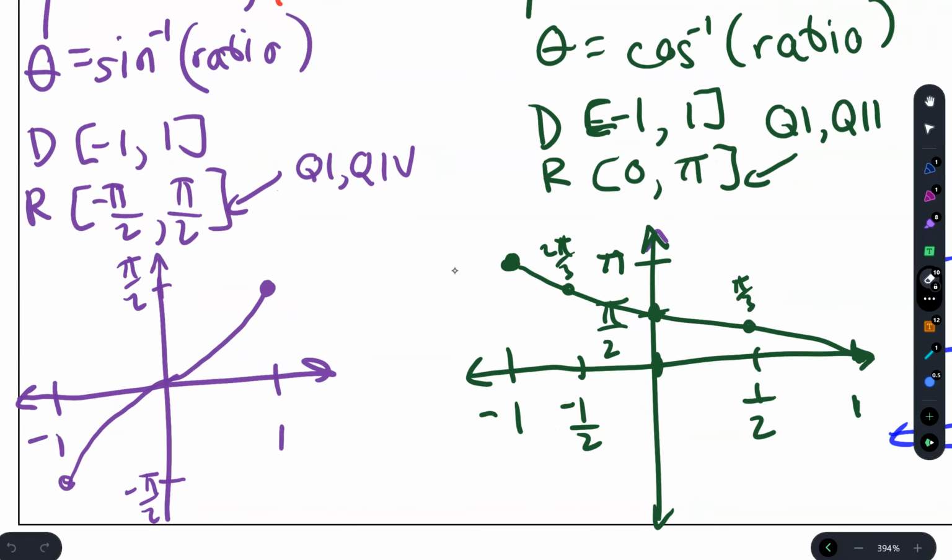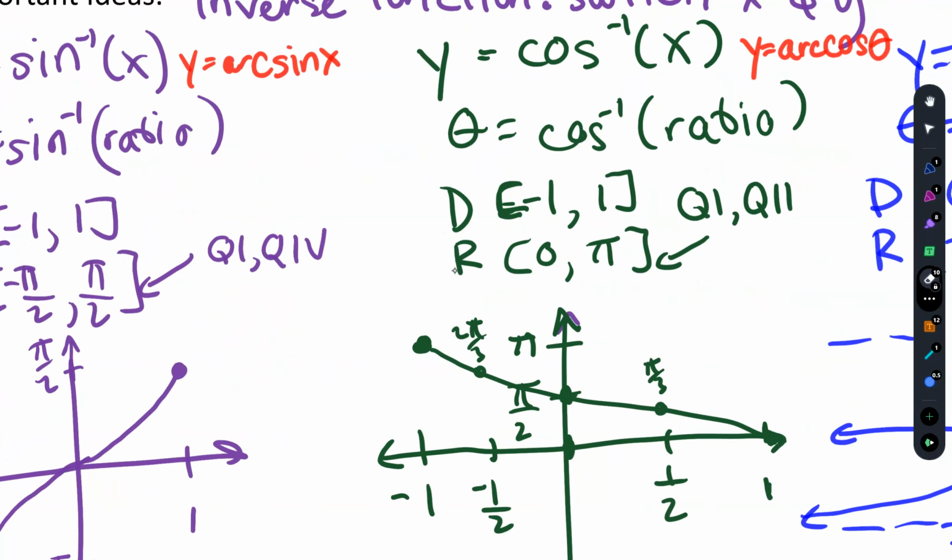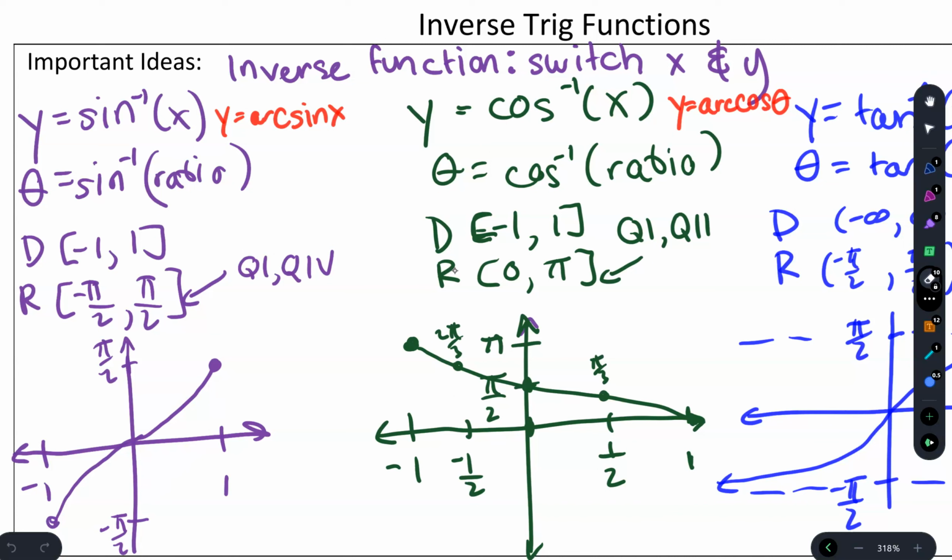All right, so look at cosine. The other way that you could see inverse cosine is arc cosine. Same thing: inside your inverse cosine function, you'll have a ratio, and the output of your inverse cosine function is going to be your angle measurement, which is your radian value. Okay?